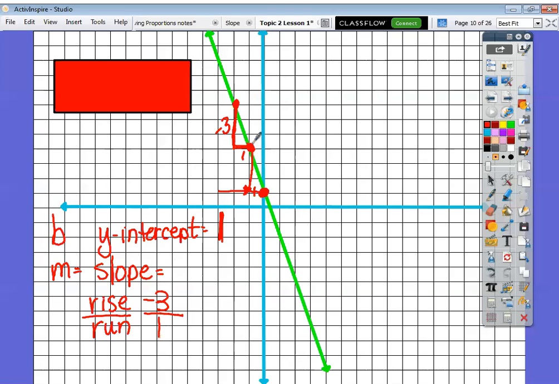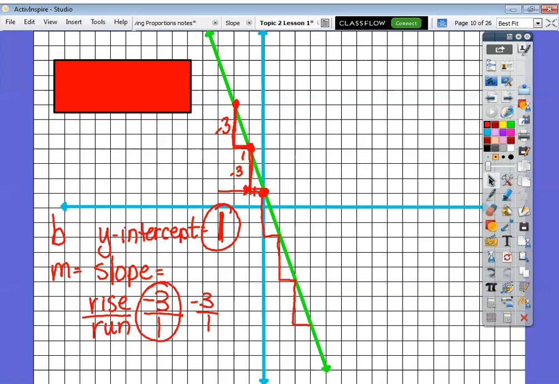Let's see what happens here. Down 3, right 1, down 3, right 1, down 3. Oh my gosh, look at my staircase. I love it. So I know my y-intercept and I know my slope.